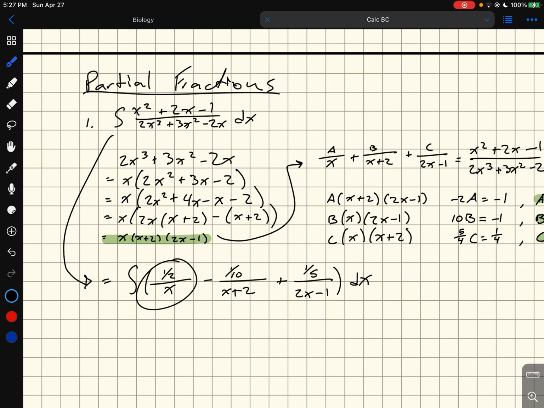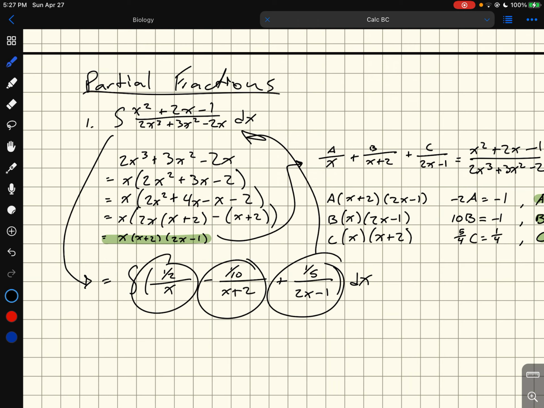So these are all fractions that are a part of this big function. They all make up that big function. That's why it's called partial fractions, because these are partial of that.